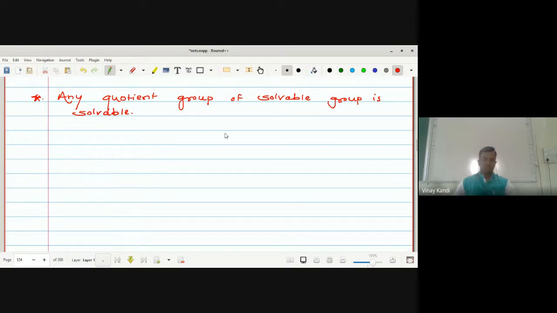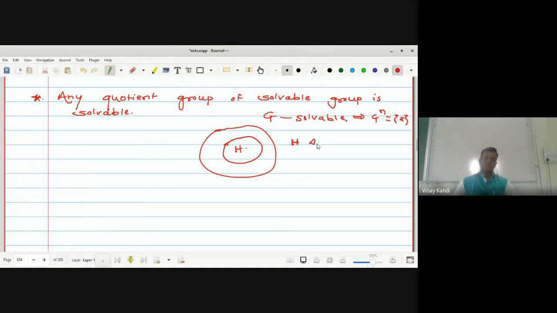That means, suppose G is solvable, that means g raised to n is equal to e. Take any solvable group, suppose H is normal in G, and if you define the quotient group G by H, then this quotient group is again solvable.